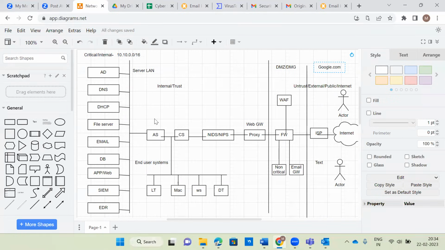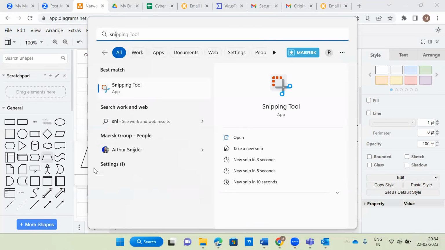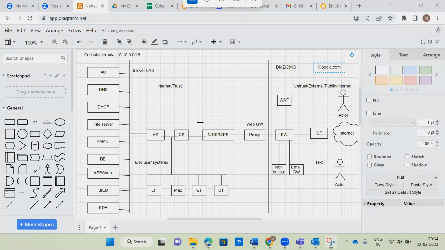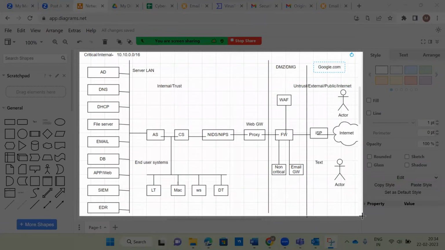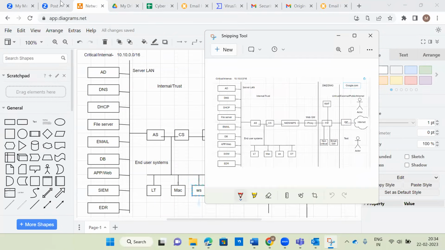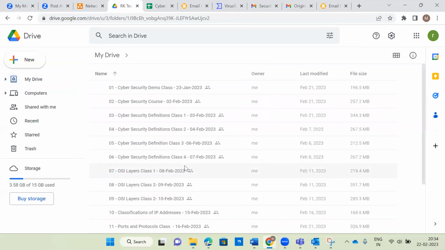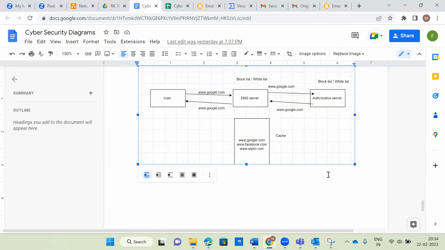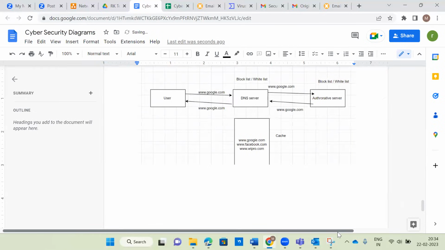I will use the snipping tool and put it under the diagrams, the network architecture diagram. That's all for today. Do you have any questions, guys?